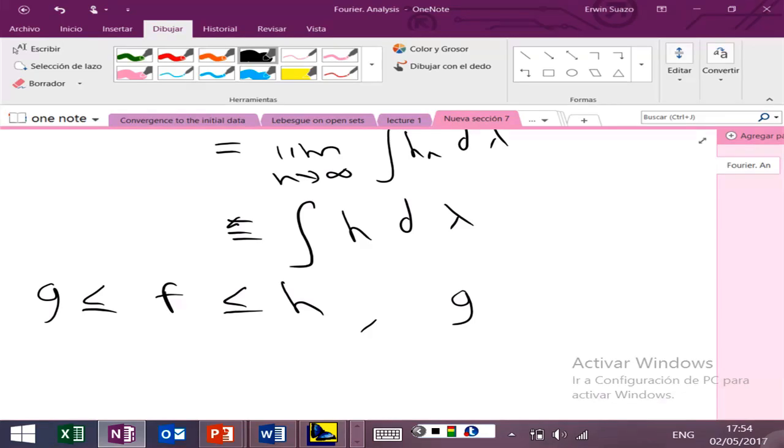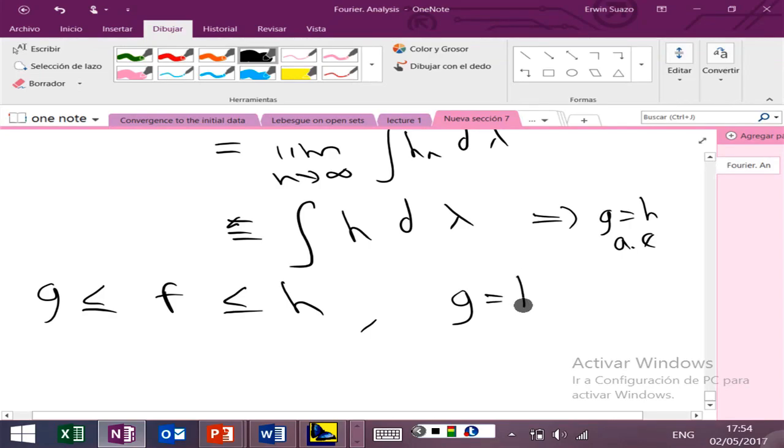If the two integrals are the same, then g and h are equal almost everywhere. So from Sankei's work, g and h are equal almost everywhere. f is between g and h, and g is equal to h almost everywhere. So h equals f almost everywhere.